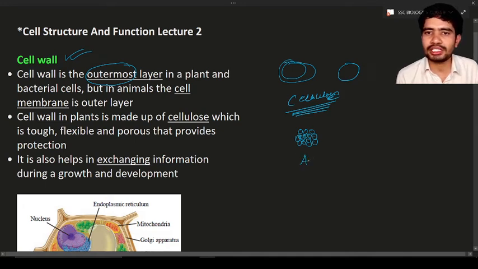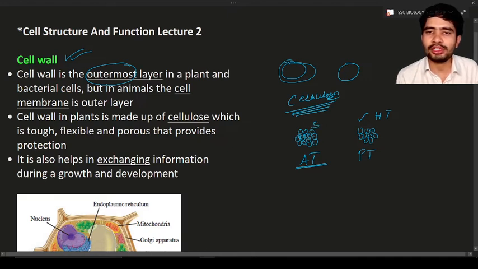Let us consider this is the animal tissue, and now we will take the plant tissue. Which one is softer? If you touch the plant tissue, does it feel softer or harder? The plant tissue feels harder and tough, and the animal tissue, if you touch it, is soft.